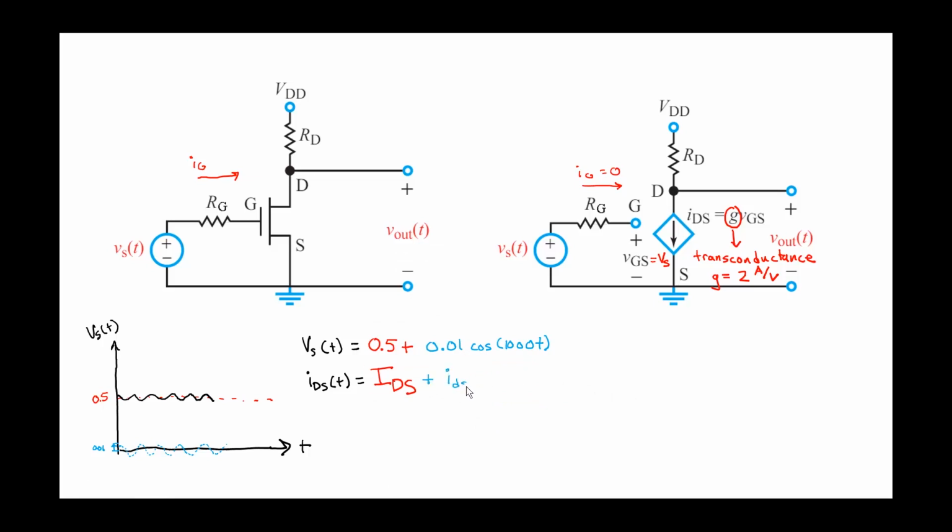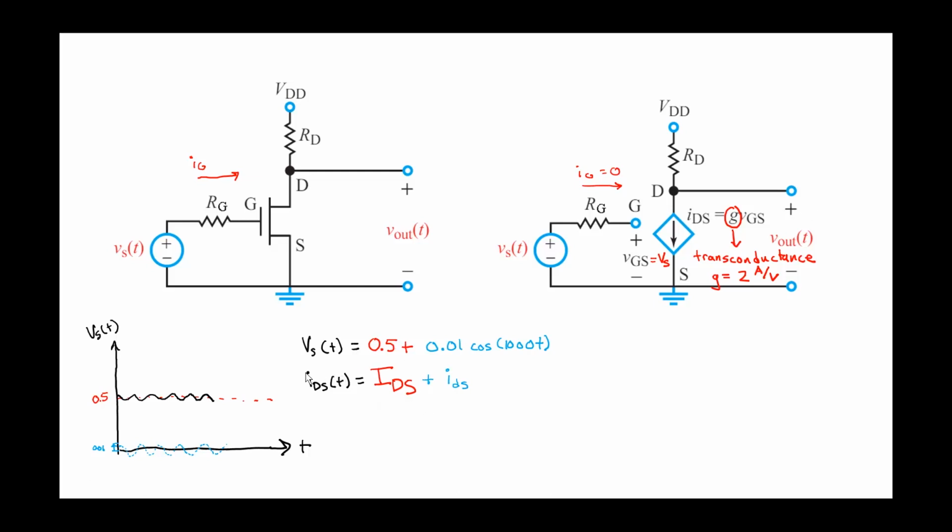Lowercase i, lowercase d, lowercase s. So when we multiply the transconductance by VGS, we're going to be multiplying the transconductance by this DC part to get the DC current at the drain. We're going to be multiplying by this AC component of VGS to get the AC current at the drain. Now, these two currents come into play and become important when we talk about the output voltage.